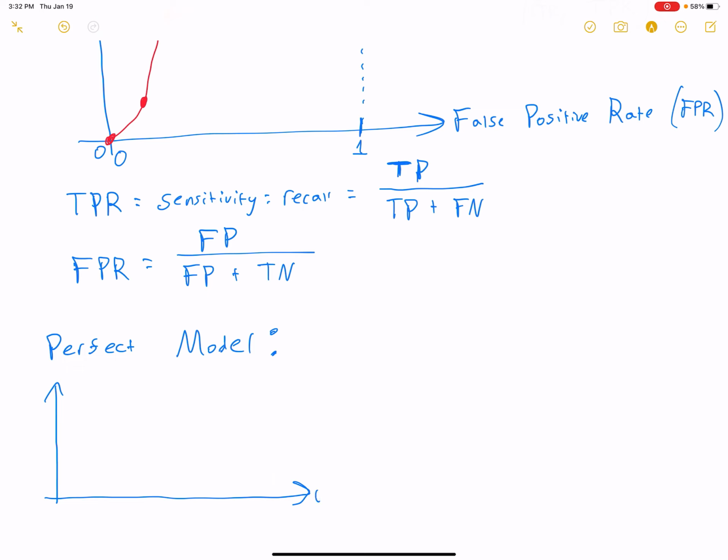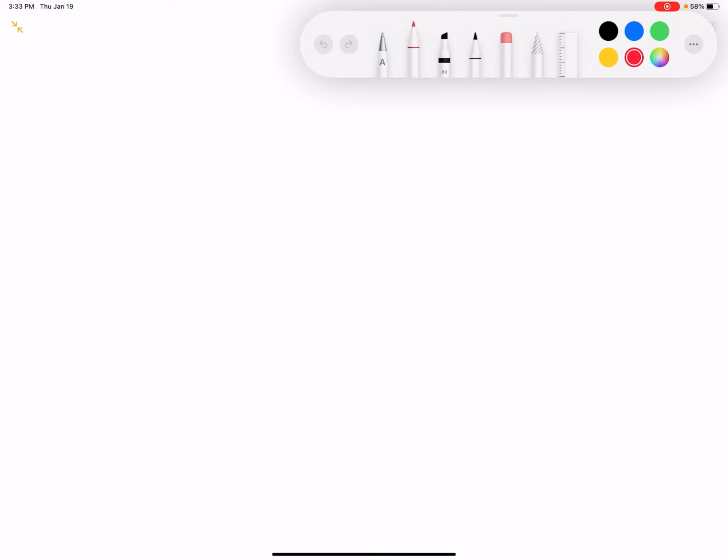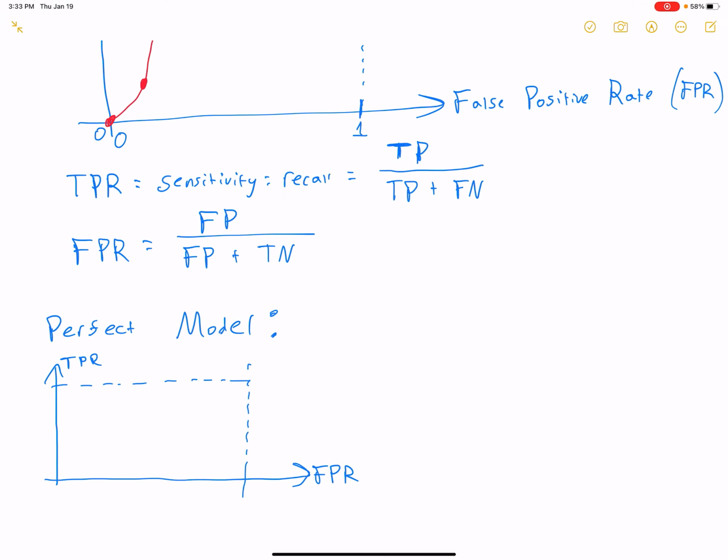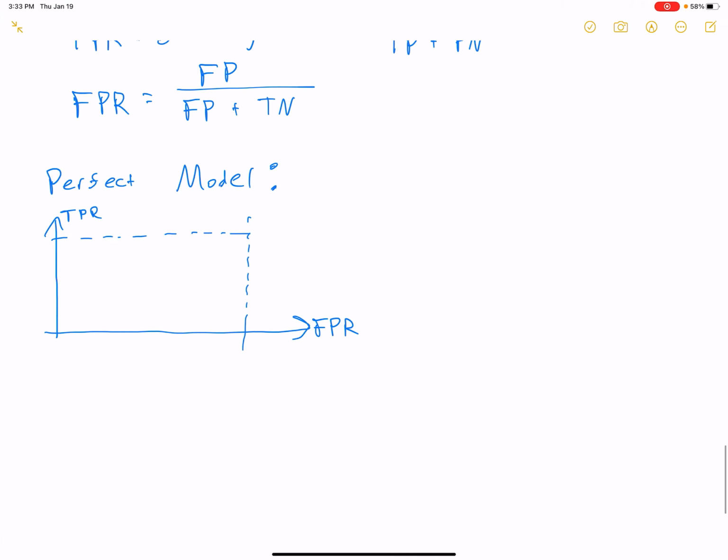So this is false positive rate, true positive rate. Okay, so if we have a perfect model, what's going to happen? Our false positive rate's always going to be 0.